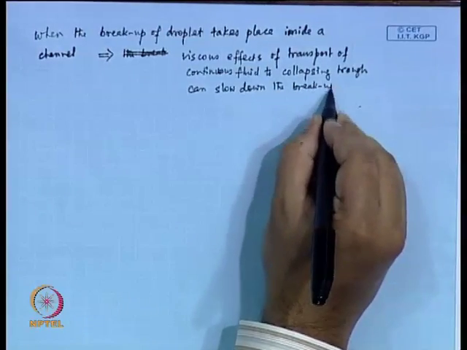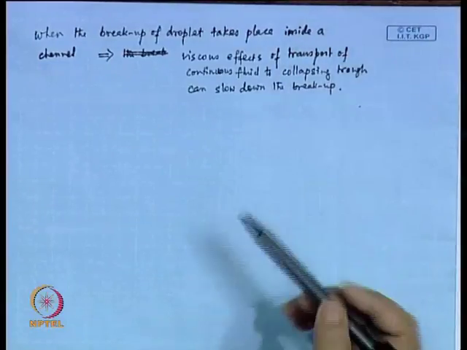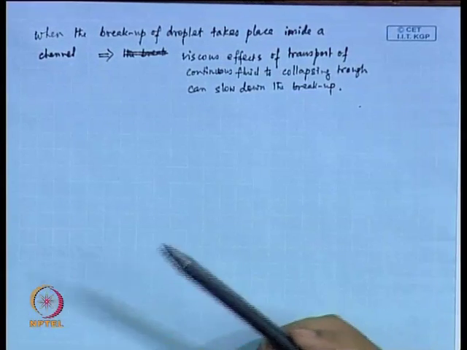Do you understand what I am trying to say here? In a dripping faucet you have an infinite medium through which the water is simply dripping. Now, if instead you have a channel in which there is some continuous liquid and within that you are trying to create droplets, and you are relying on this Rayleigh-Plateau instability to guide formation of droplets, you must appreciate the fact that the breakup of droplet is taking place because fluid is being transported from the peak to the trough to stabilize, or from trough to the peak to amplify.